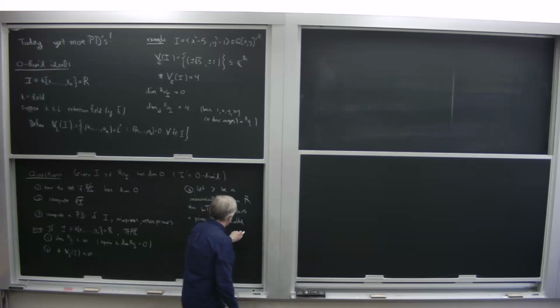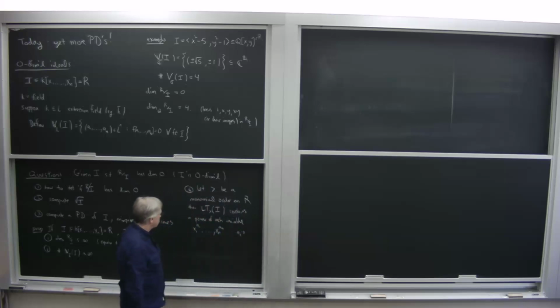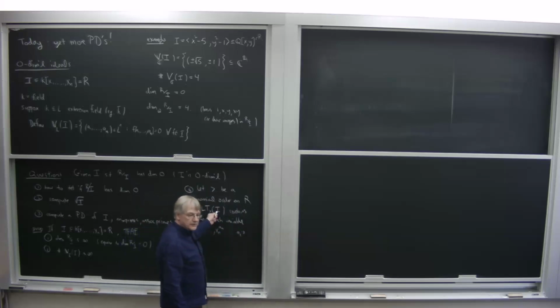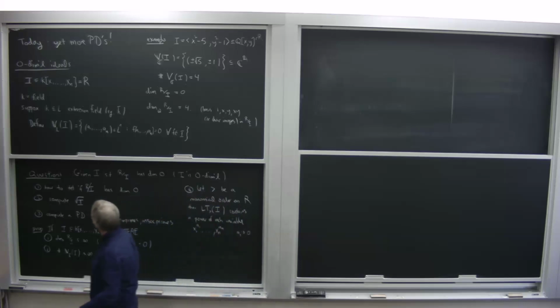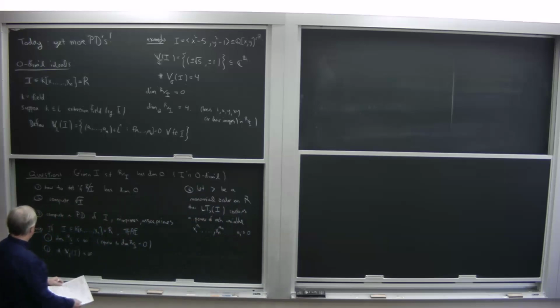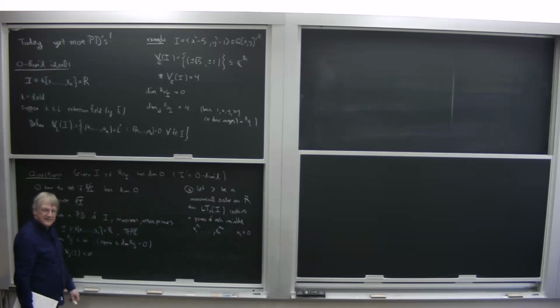Okay. For ai greater than or equal to, well, if this is the unit ideal, then maybe I should say, actually, if it's a unit ideal, I'm not sure if that counts. It's 0 dimensional.